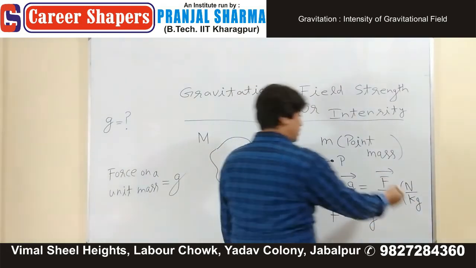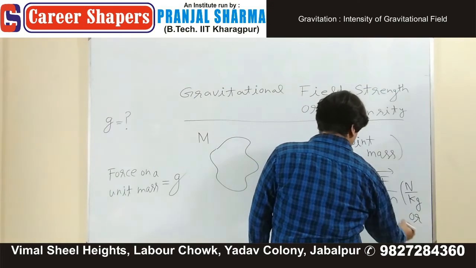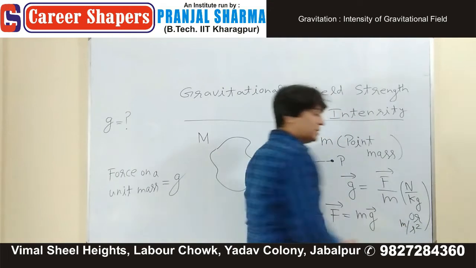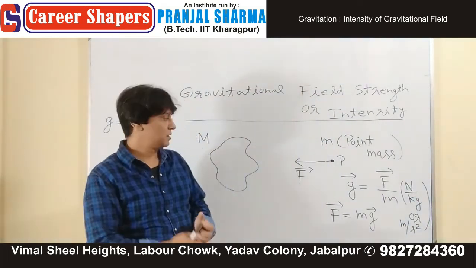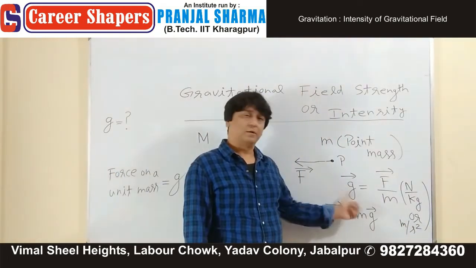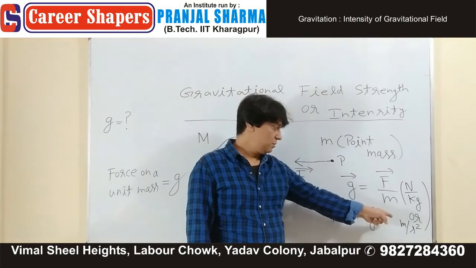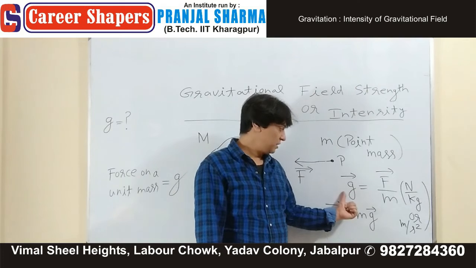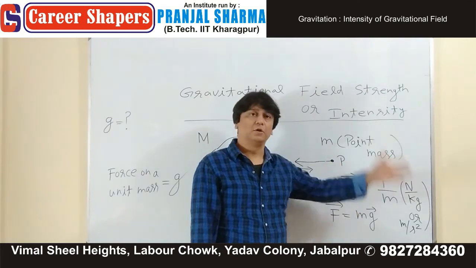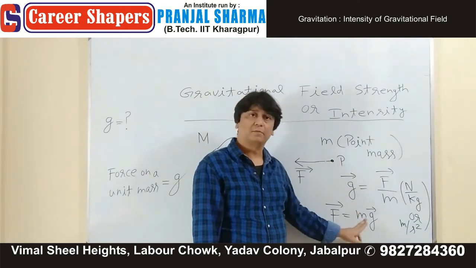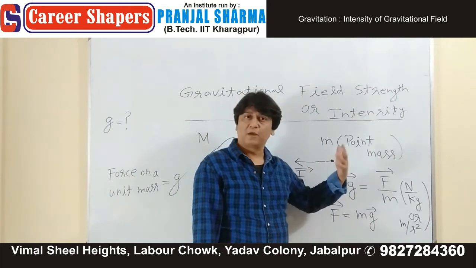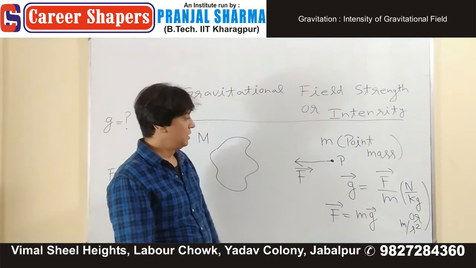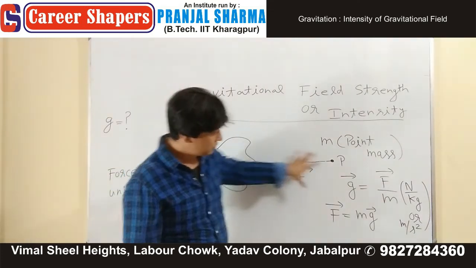And therefore this newton per kg is the same as the familiar unit of acceleration, which is meters per second square. So what is the unit of G? Newton per kg or meter per second square. If we have G at a given point, we can also find force at that point. And when we take a few examples, you will understand the whole concept in a much better way. As of now, note down this much information.